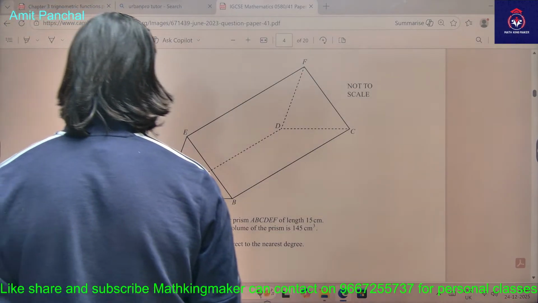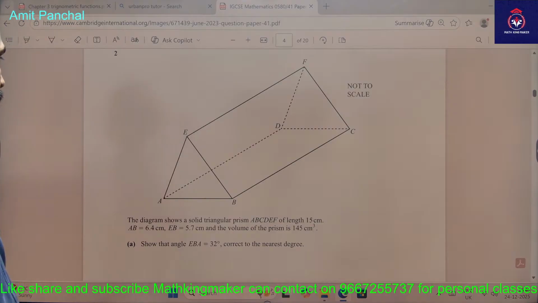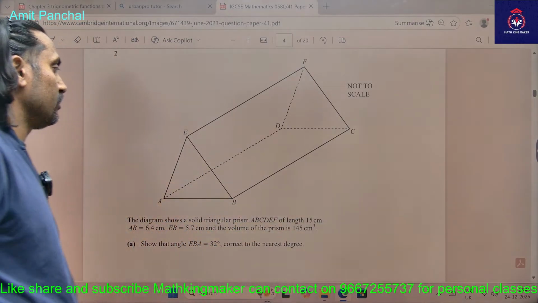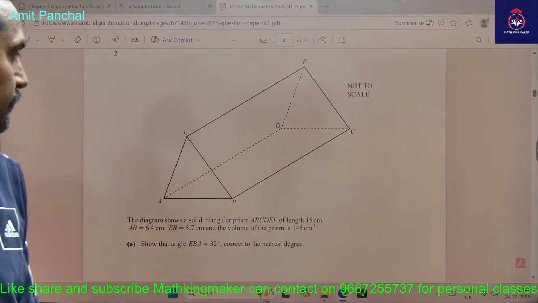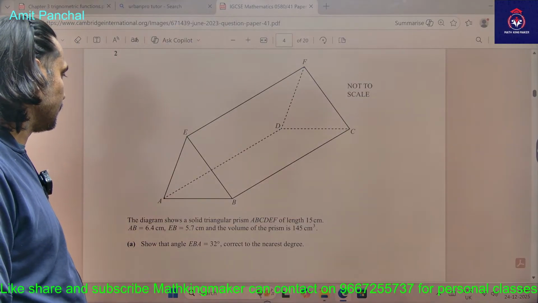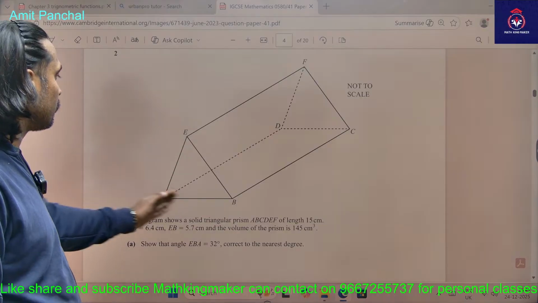It will be 145 divided by 15, because the length is given. So how much is it? 9.6 repeating. So that is the area of this triangle.